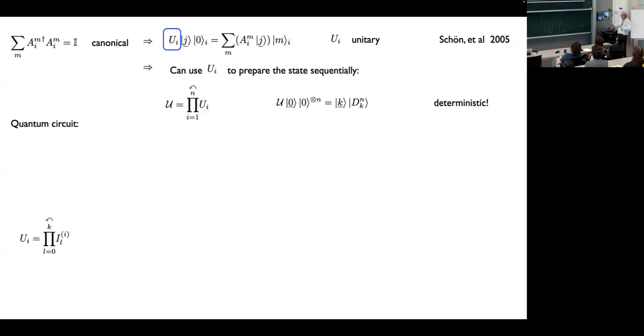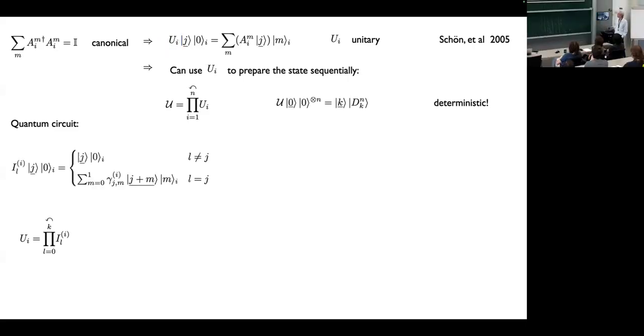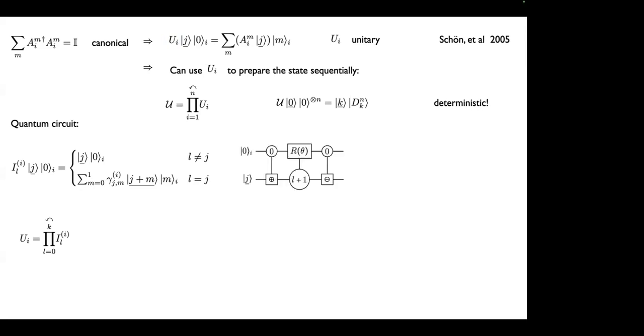So in the same kind of spirit as we did before, we can write this U in terms of some simpler operators. Again, I'll call them U, which should do the job that we need. They depend on an extra index L. So when L is J, it does the job that we want, and when L is less than J, it doesn't do anything.